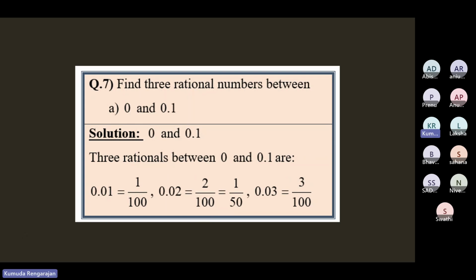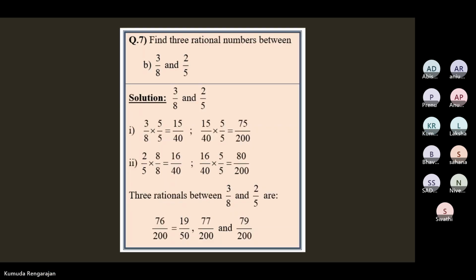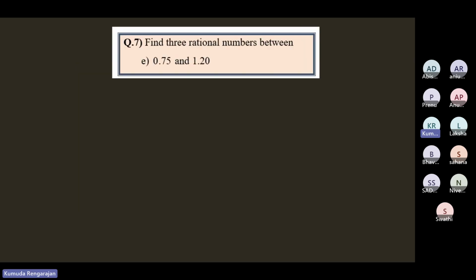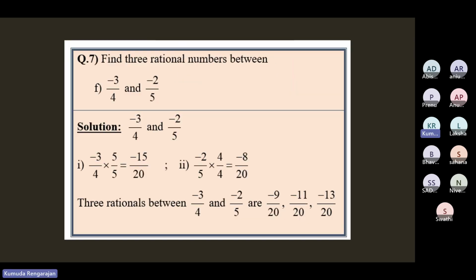You can have different answers. So these answers you please check once I share them, because when inserting rational numbers, the answers are not unique. So please check when I upload the answers in the portal.